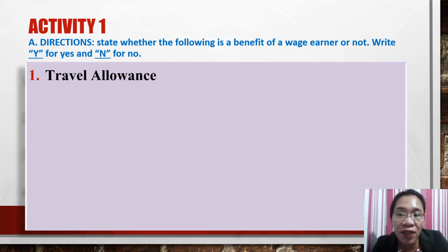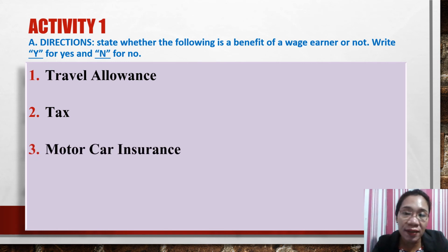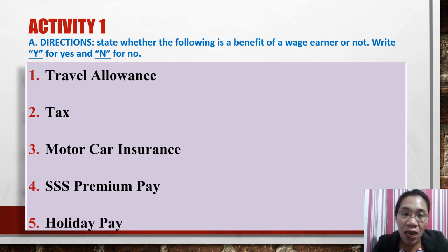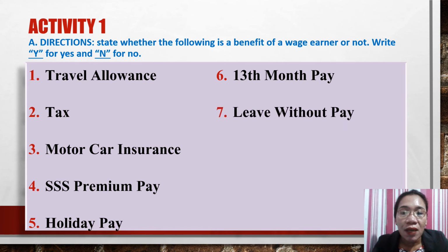Is that a benefit of a wage earner or not? Tax, benefit or not? Motor car insurance. SSS premium pay. Holiday pay. Just Y or N lang. Yes or no lang. 13th month pay. Is it a benefit or not? Leave without pay.